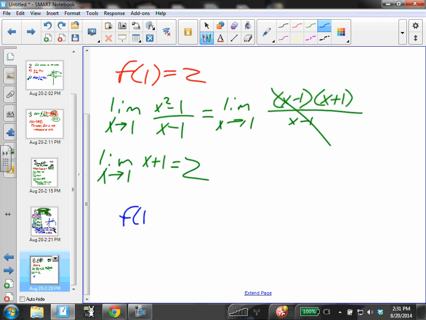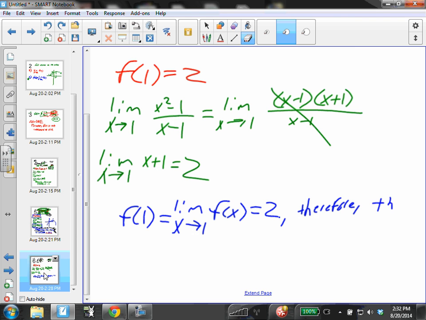The function, f of 1, was equal to the limit as x approaches 1 of the function, and equal to 2. Therefore, f of x is continuous.